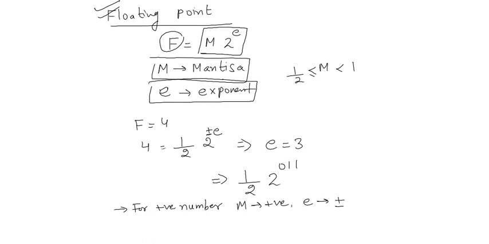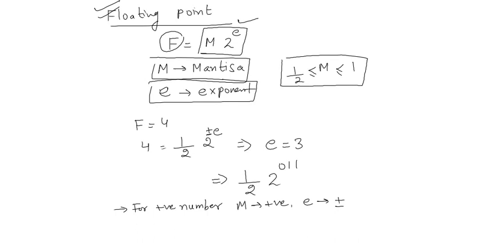Any number it tries to convert into this particular form. So what is the advantage we get when we convert any number into this form? And please note that m can take any value between 1/2 and 1.